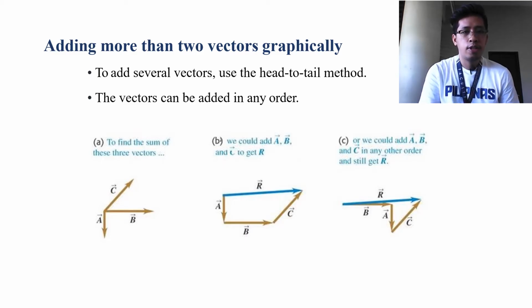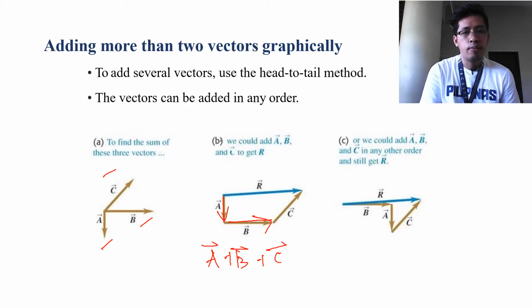Consider, say for example, you have these vectors here, vectors A, B, and C. To find the sum of these three vectors, you can have A plus B plus C. We're just going to draw first your vector A, and then from the head of A, you connect the tail of vector B, and then from the head of vector B, you connect the tail of vector C, and your resultant vector is just from the tail of A towards the head of your last vector, which is your vector C.